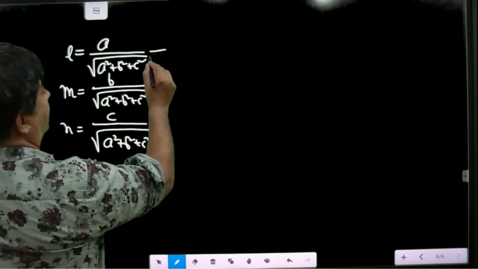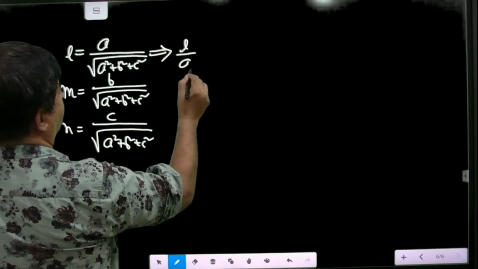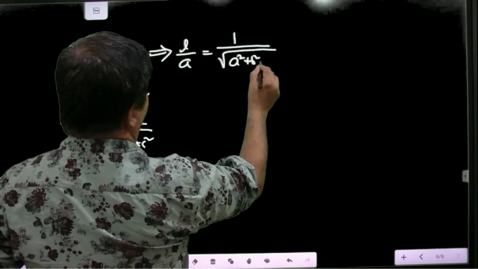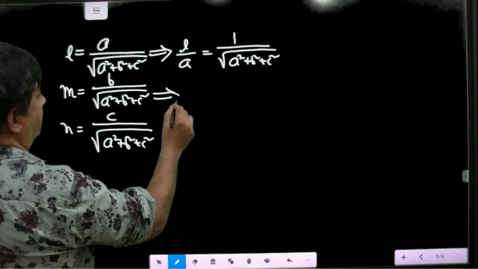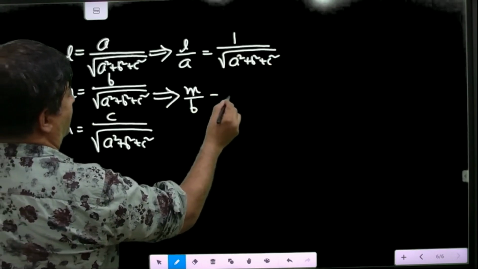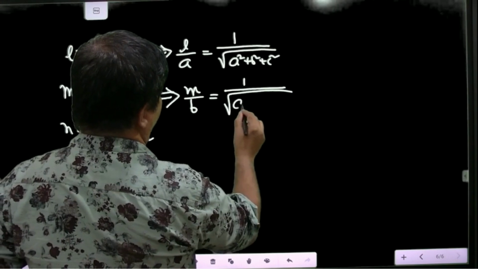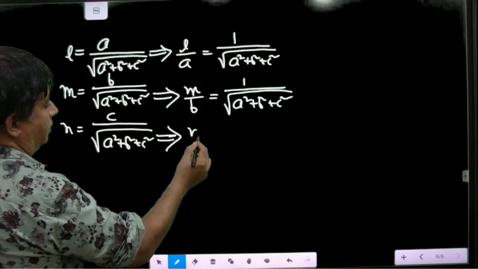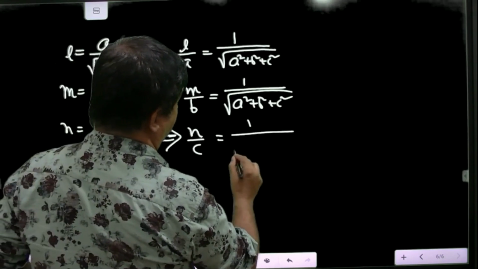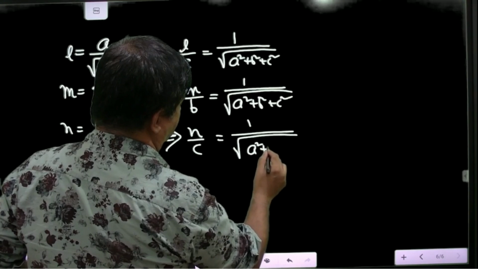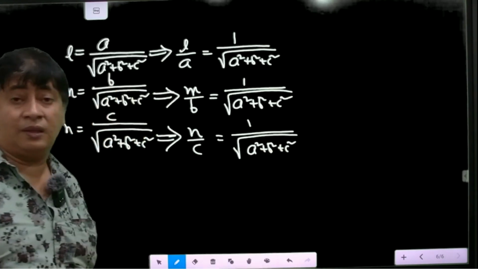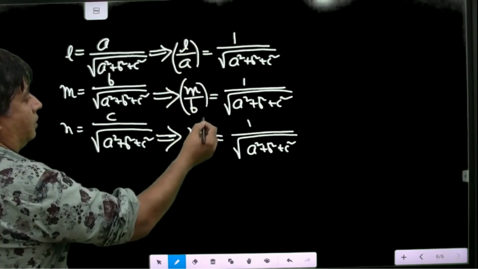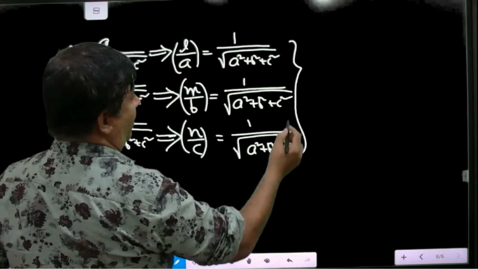So we can rewrite this in this way: L by A, M by B and N by C. Each of these ratios is equal to a common value.